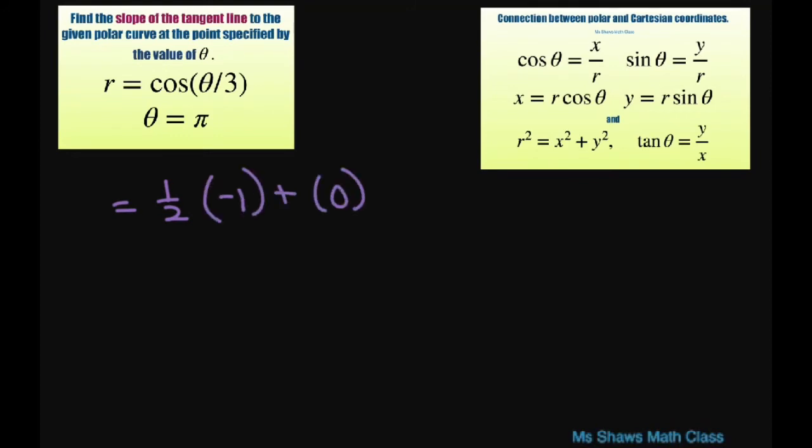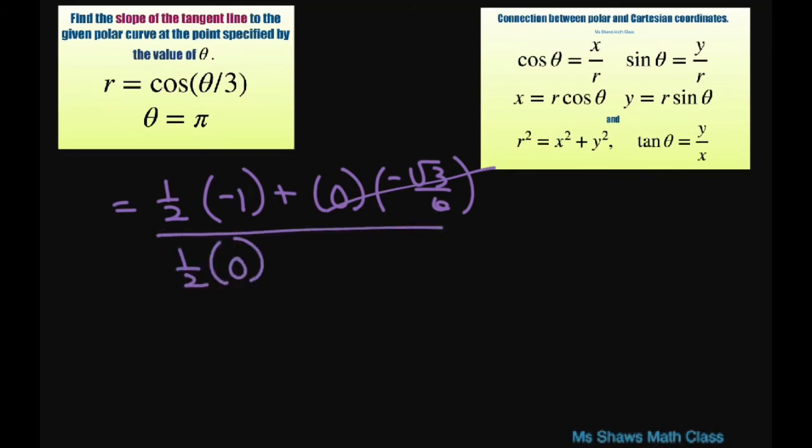I'll go ahead and write it. Negative square root of 3 divided by 6. That just zeroes out. And denominator is going to be 1/2, and we already zeroed out that, but I'll write it down. Plus, and then the second part we had was negative 1, and this is going to be negative square root of 3 divided by 6, because you had 2 times 3.